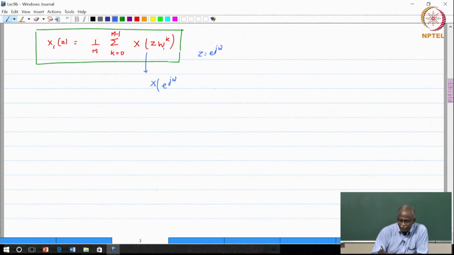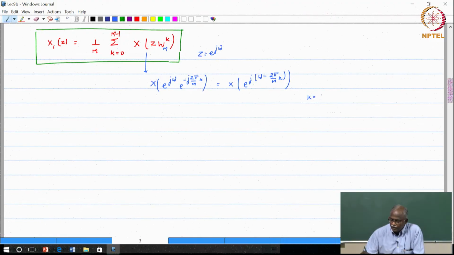If you want to be precise, you can write a subscript m so that there is no confusion, but usually when we talk about downsampling by a factor of m, we assume that the w term is defined as e^(-j 2 pi over m), raised to k. So this can also be written as x of e^(j (omega minus 2 pi over m times k)), where k goes from of course 0 all the way to m minus 1.